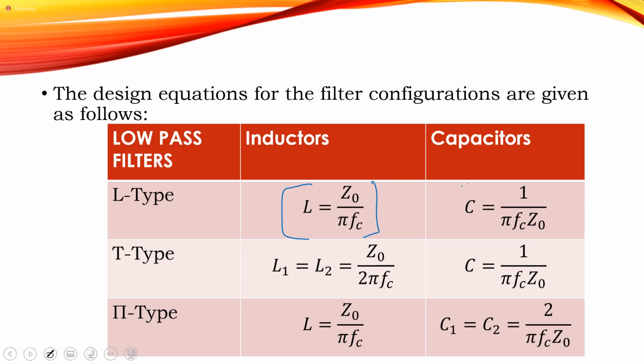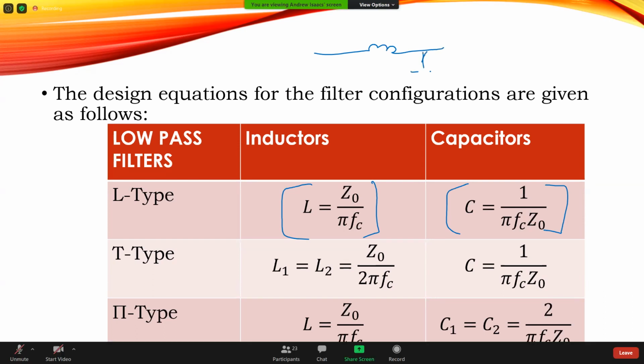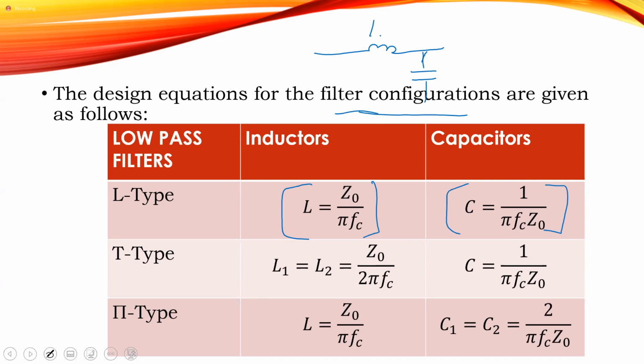And the C value is 1 over pi FC Z0. So this is L and that's C.